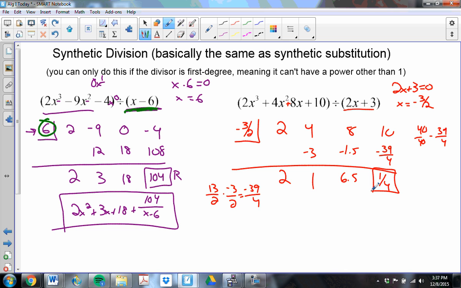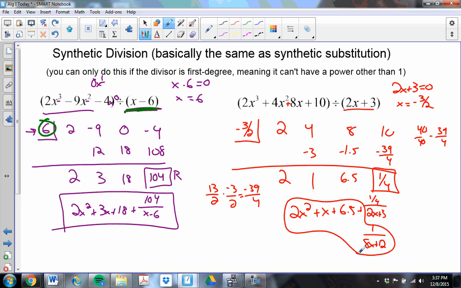Not bad. So this ends up being 2x squared plus 1x plus 6.5 and 1 over 4 over 2x plus 3, which I would simplify to be, I multiply the 4 and the 2x plus 3, so that's really 1 over 8x plus 12.